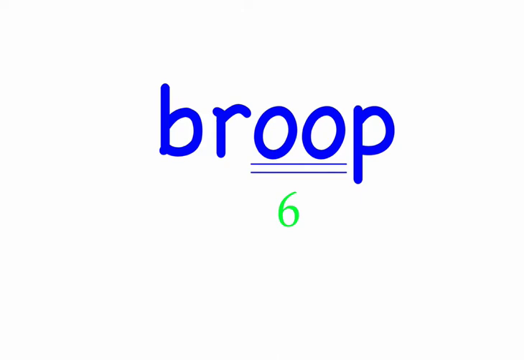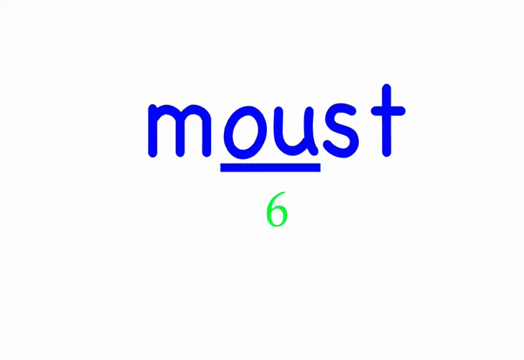But because we have two lines under the OO team, we pronounce the word broop. Foy. Moused.